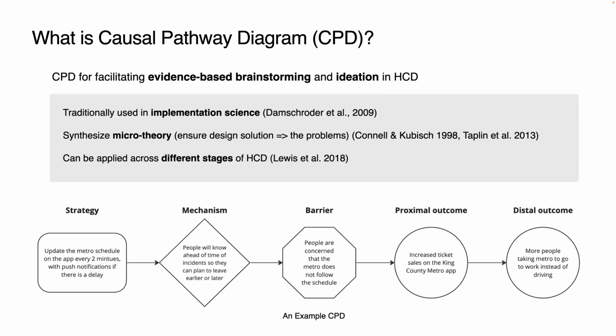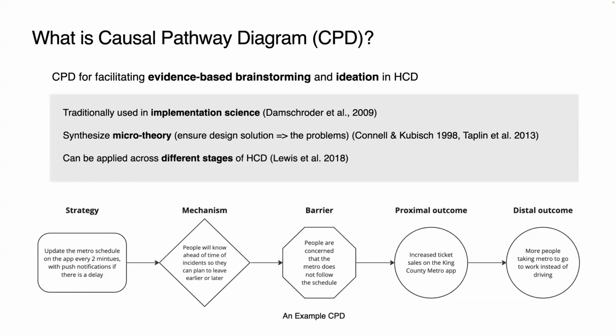CPD can help with that by synthesizing microtheory, which is theory specific to the domain, to make sure design solutions actually address the issues they tackle. Additionally, CPD can be applied across different stages of human-centered design and inform the design of strategies, support brainstorming, increase the impact of existing strategies, and so on.